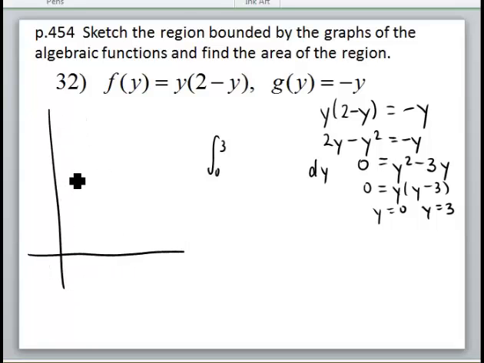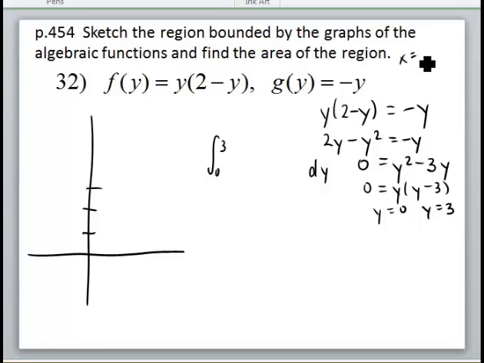Remember, we're talking about the y-axis. This is a line. It'd just be like x equals negative y, but it'd be y equals negative x. That'd be graphing.